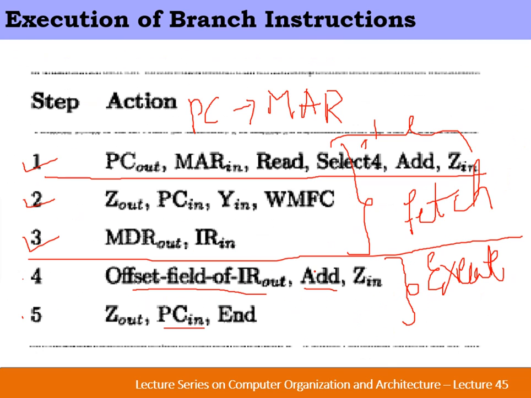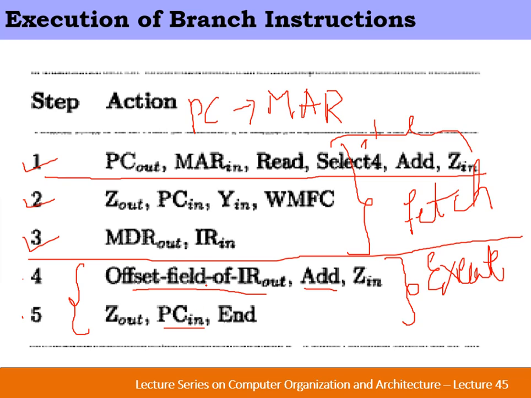Suppose we have a conditional instruction, then we are going to perform steps number 4 and 5: calculating the new target address and loading the program counter with the new target address.